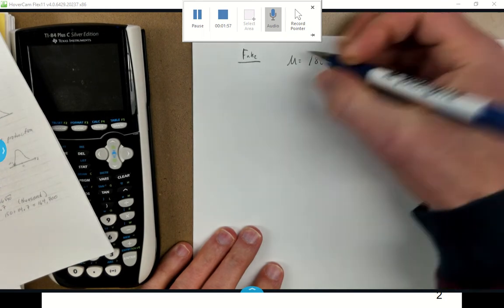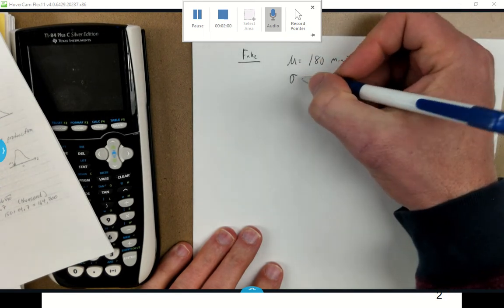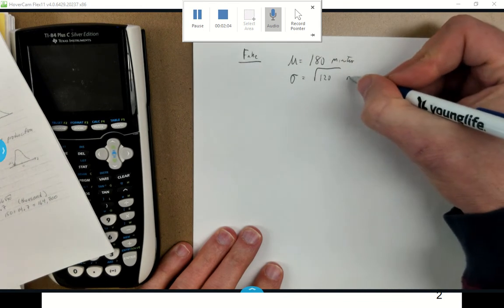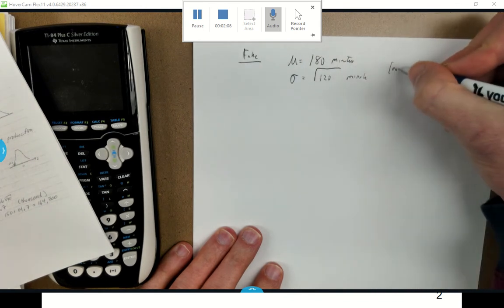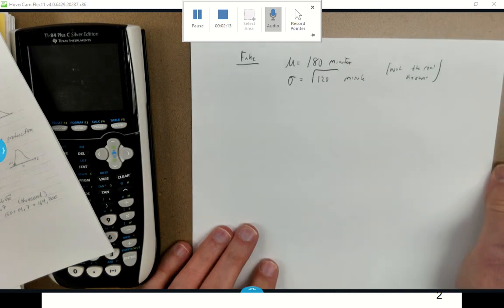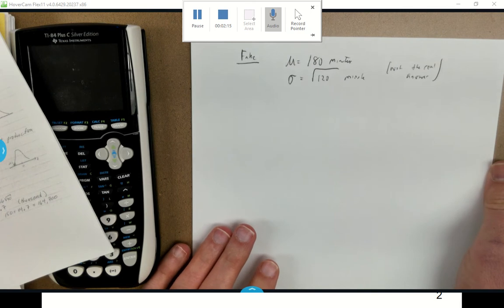I would not convert this to hours. And let's say your standard deviation turned out to be 120 minutes. Again, not the real answer, but this is just supposed to indicate what you want to do.